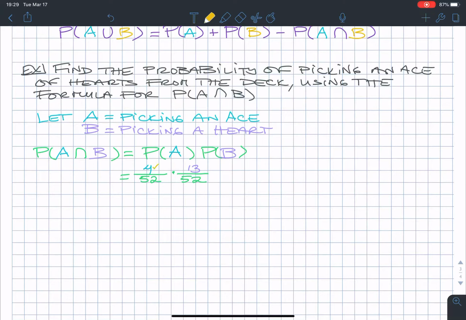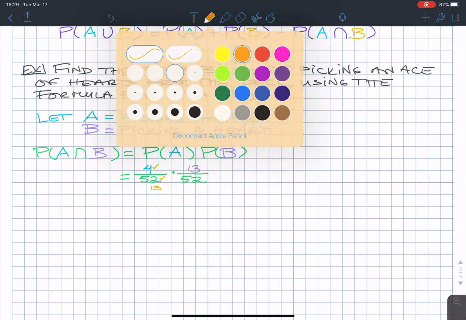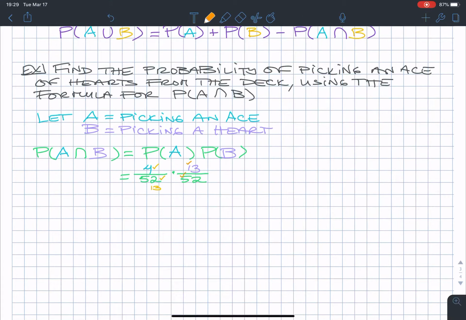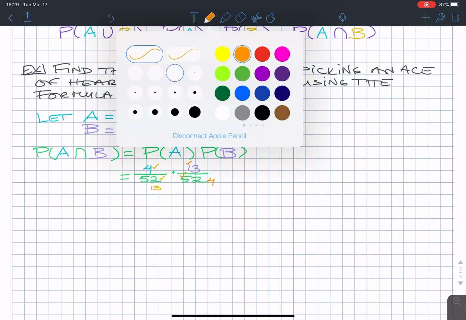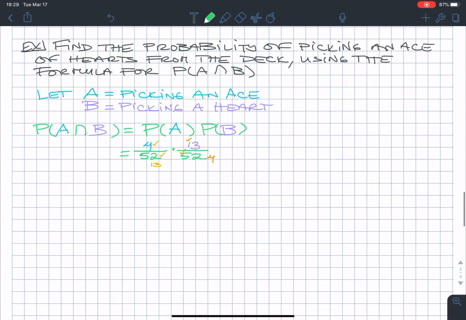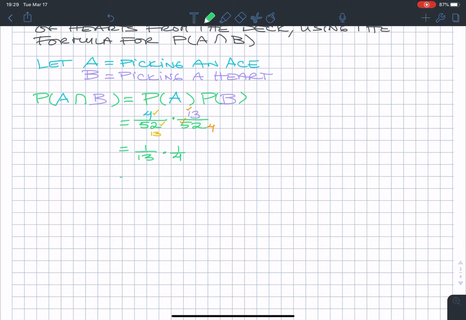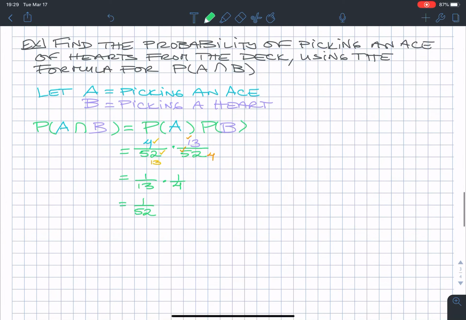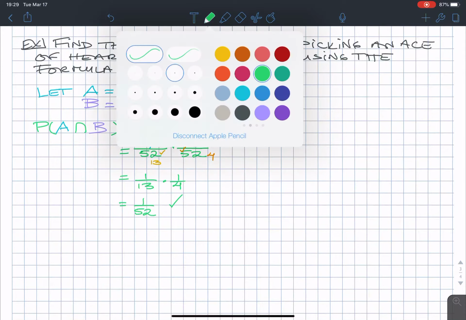I know that 4 goes into 52 13 times. And similarly, 13 goes into 52 4 times. So what we end up with then is 1 over 13 times 1 over 4, which is 1 in 52. Okay. Now, does that make sense? Is there one ace of hearts in 52 cards? Yes, there are. So this formula works for that scenario.